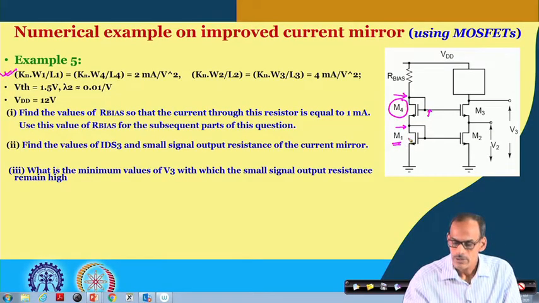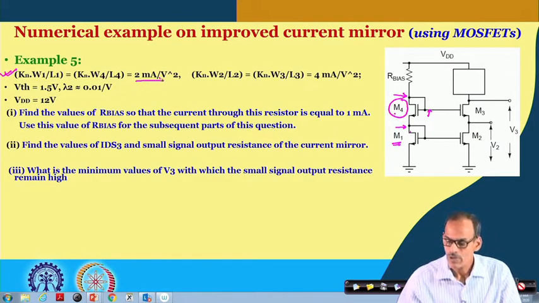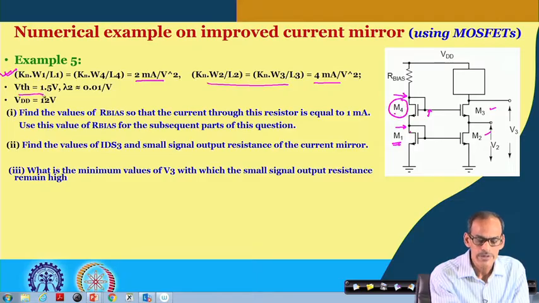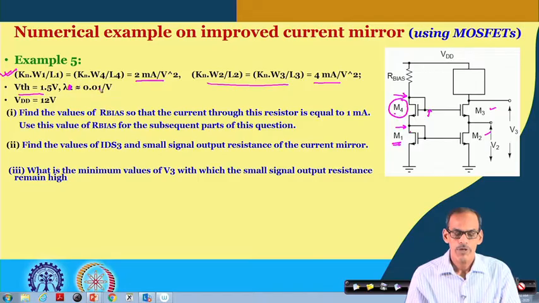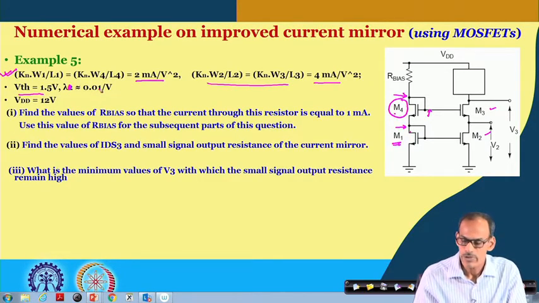We consider K into W by L of transistor 1 and K into W by L of transistor 4, they are equal to 2 milliampere per volt square. On the other hand, for transistor 2 and transistor 3, we are retaining this to be 4 milliampere. VTH we are keeping the same, and all the lambdas are 0.01 per volt. Supply voltage is 12 volt.